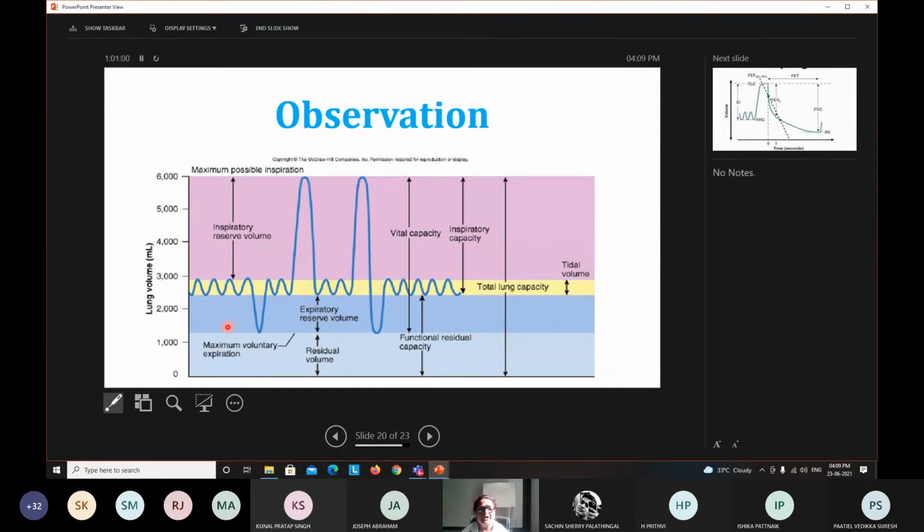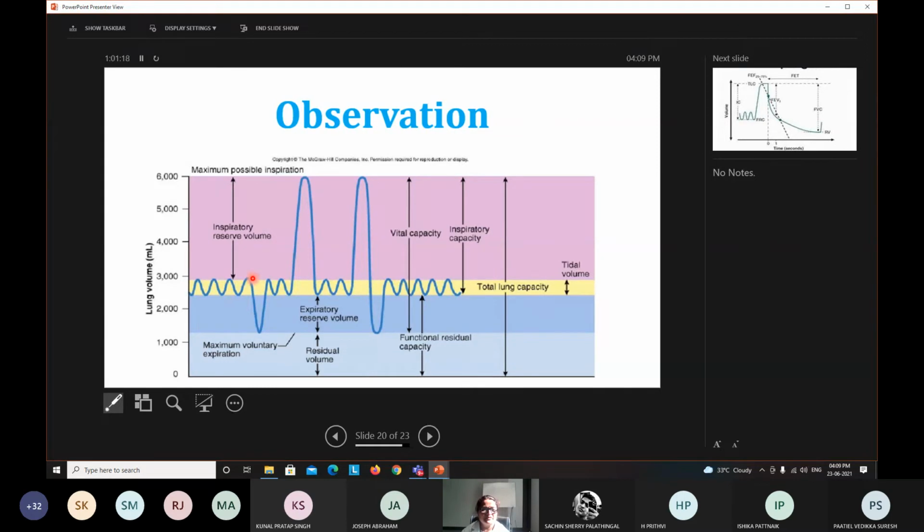It will be better to explain with this graph. So ultimately the graph will look like this. You have seen it in most of your textbooks. Normal breathing, inhalation and exhalation gives the cycles like this. After recording a few cycles of normal breathing, this is the tidal volume.